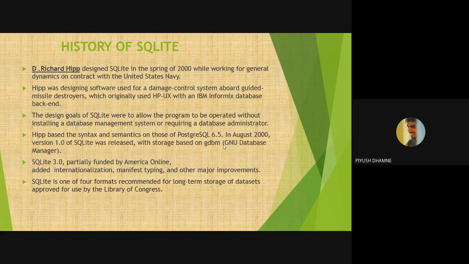SQLite 3.0, partially funded by America Online, added internal manifest typing and other major improvements. SQLite is one of four formats recommended for long-term storage of data sets, approved for use by the Library of Congress.